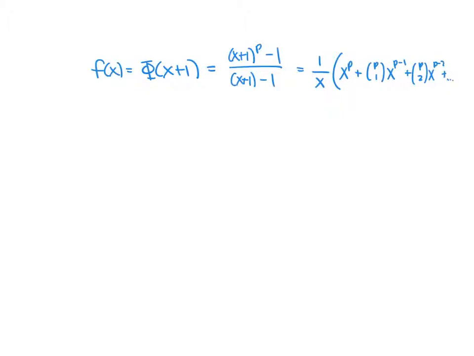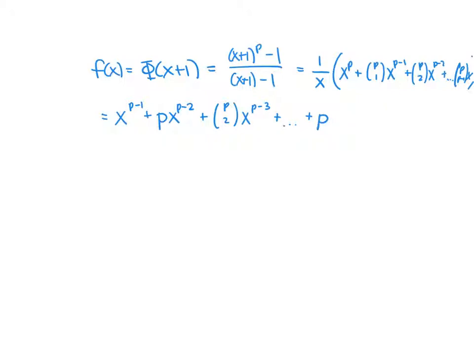And the last thing will be plus 1 minus 1, so the constant term cancels out. So p choose p minus 1 times x, I guess, will be the last term. And then if we divide through everything by x, we get x to the p minus 1 plus p times x to the p minus 2 plus whatever p choose 2 is times x to the p minus 3. And our last term is p, once we factor out and divide by that x.